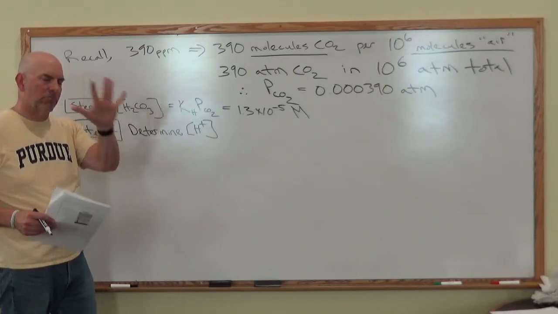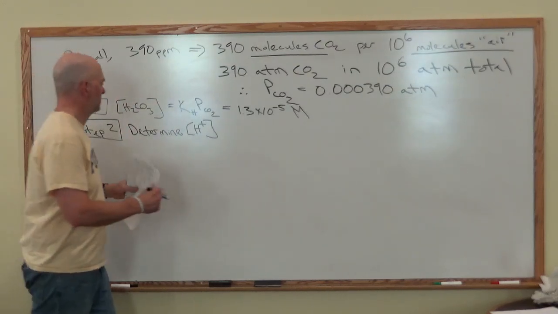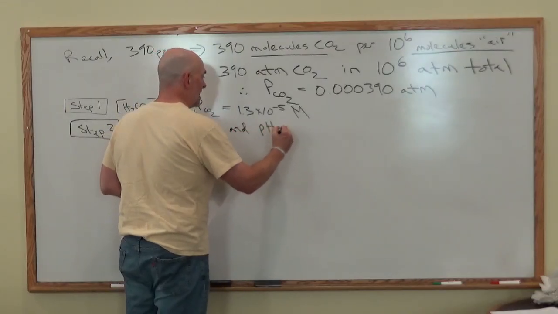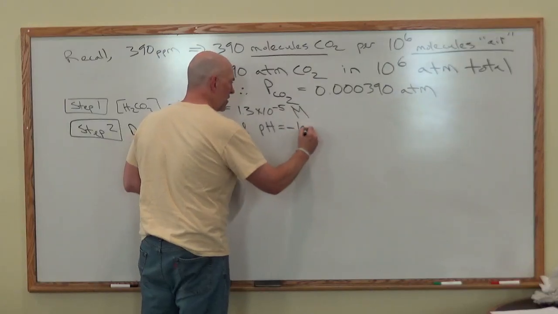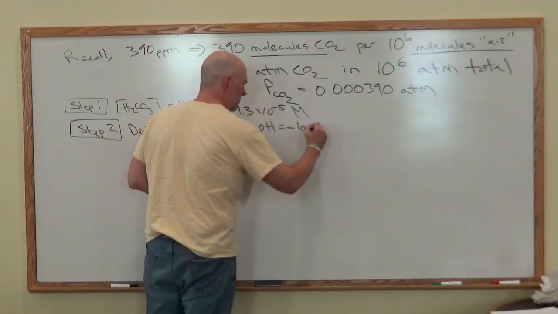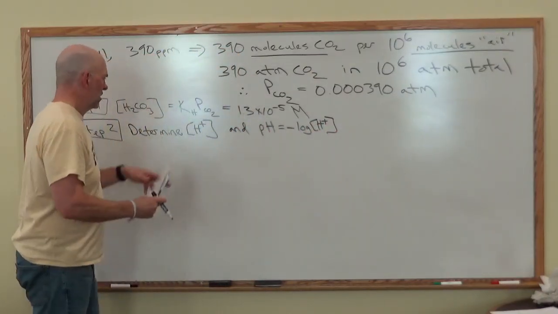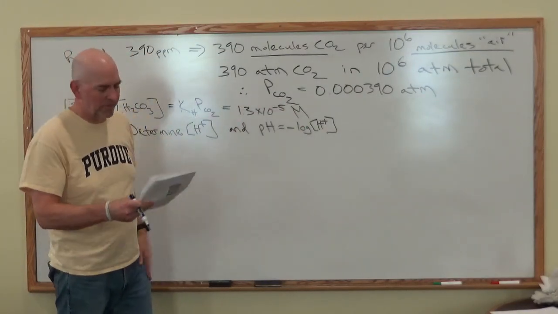And again, if you need to go back and review your essentials of acid-base chemistry, please do that. The equation for pH is the negative logarithm, log base 10, not log base e, natural logarithm, of H plus. So that's just math. If you know this number, the pH is just that. And you've probably done that before.